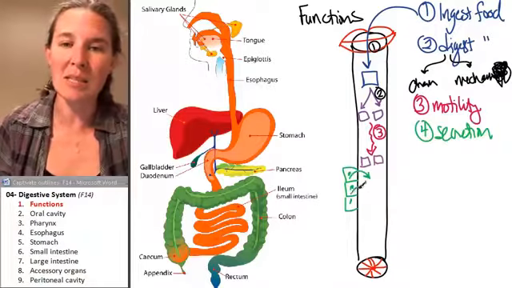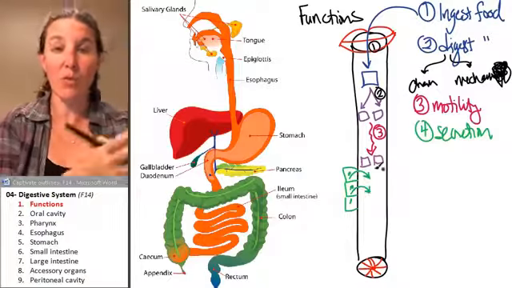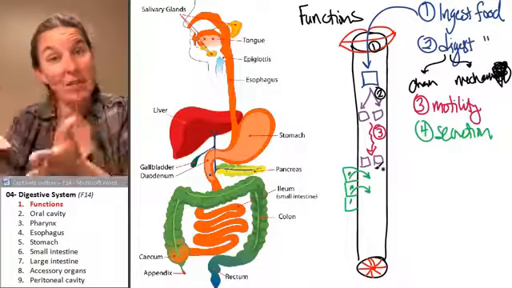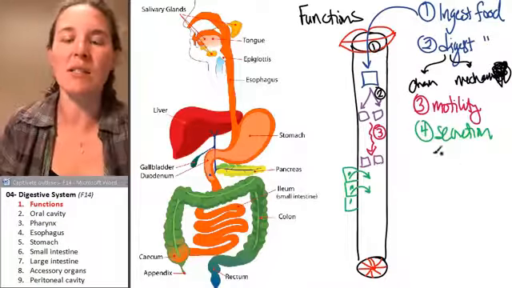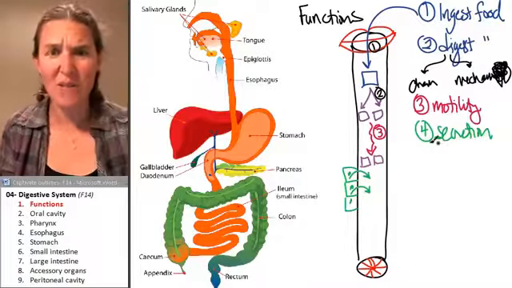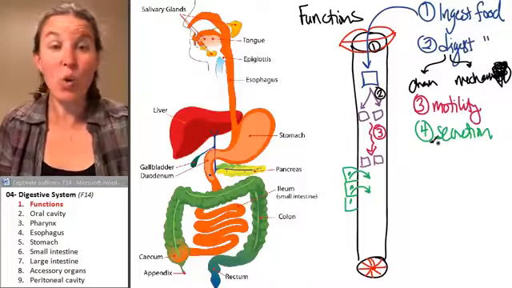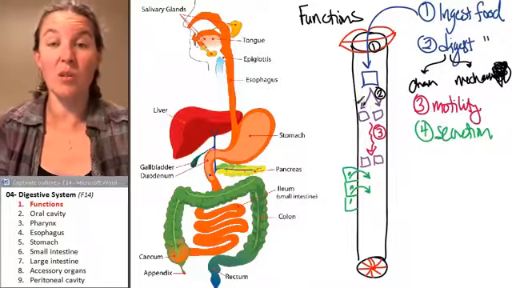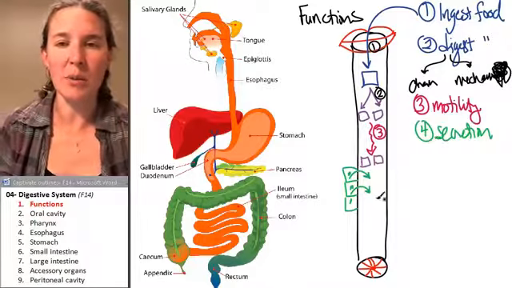But when a substance is moved from the inside of the body into the outside, into the tube, that process is secretion. Are some of these familiar? They're totally functions of epithelial tissue, which is what the tubing is lined with.